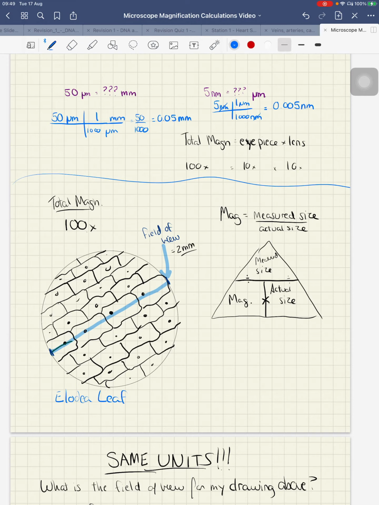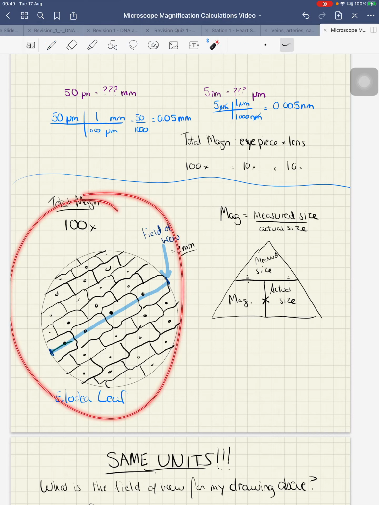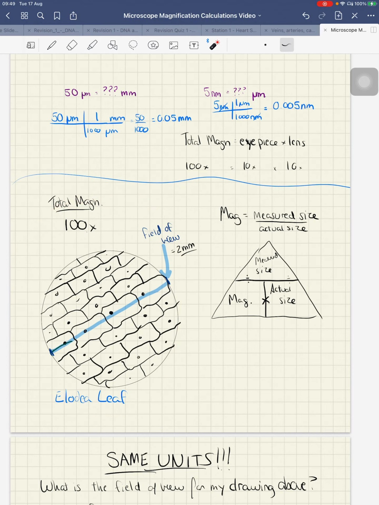One measurement you need to be familiar with is called the field of view. That's the distance from here to here, and for this we're going to say it's about 2 millimeters.